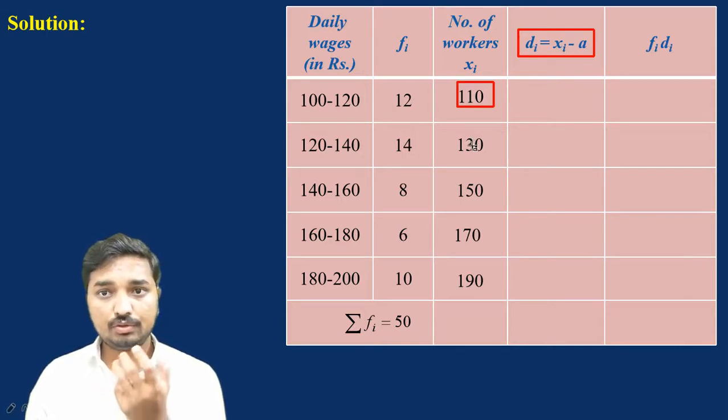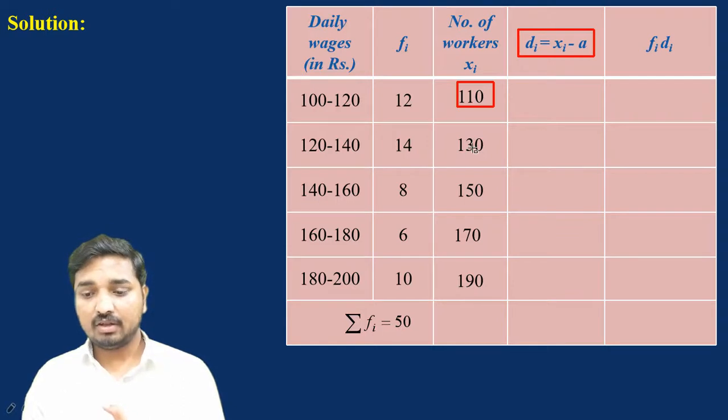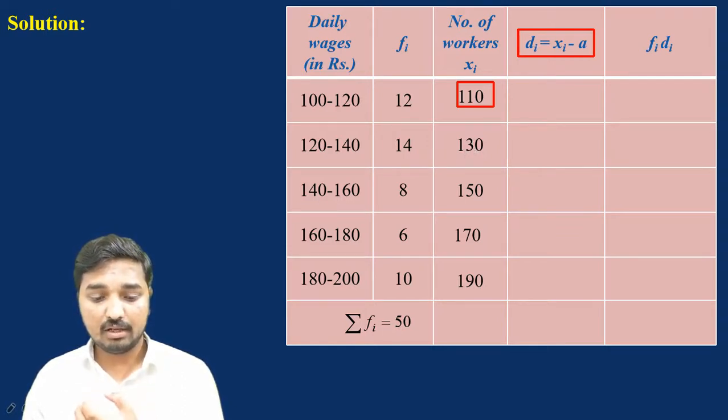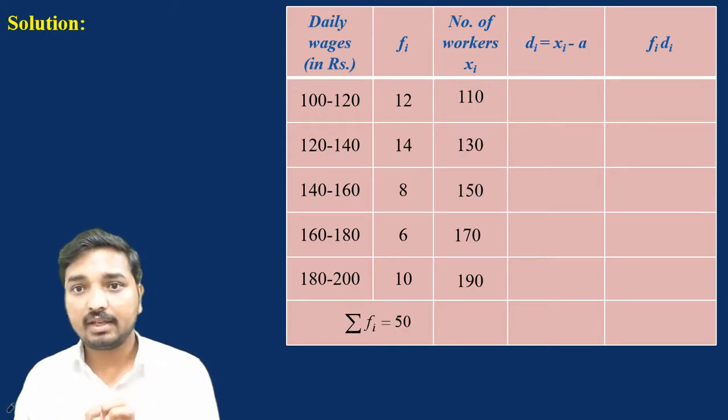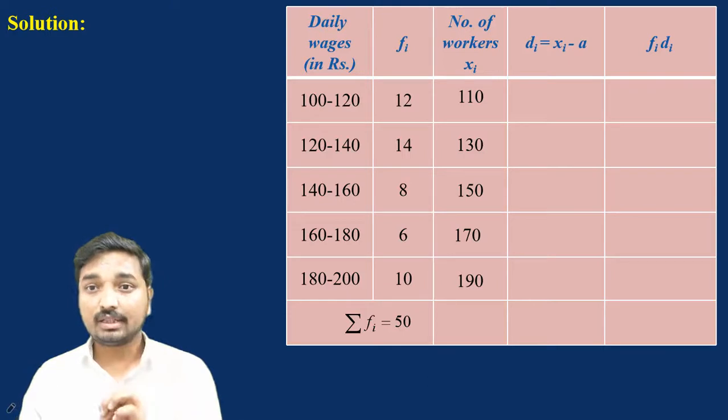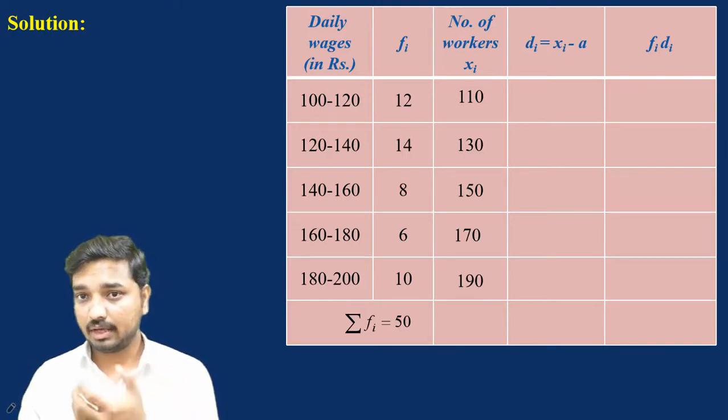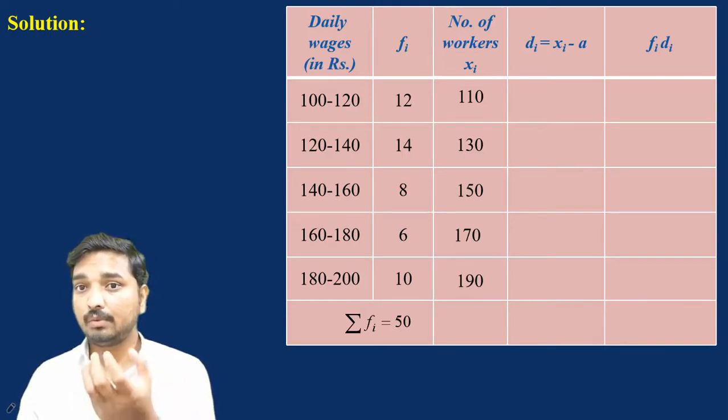I told you how to choose the assumed mean: always choose the smallest number. It is the better thing, otherwise you will get negative numbers. I'm going to show you how it will be negative in a coming question.